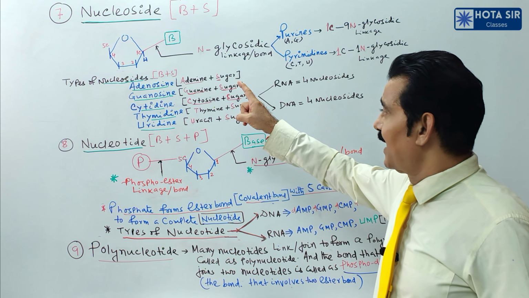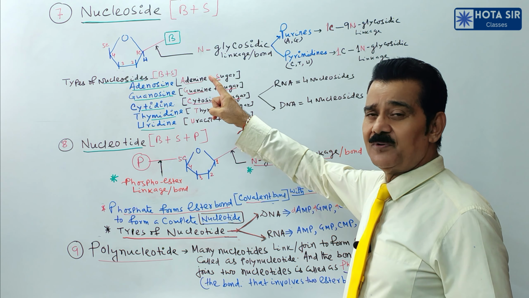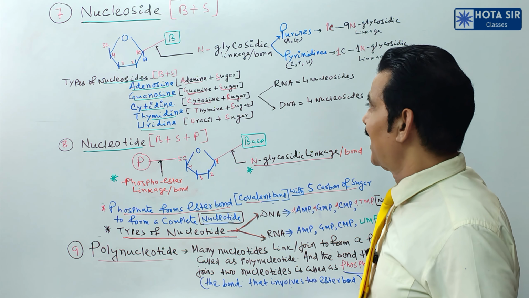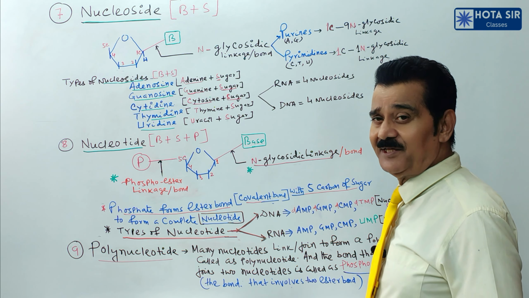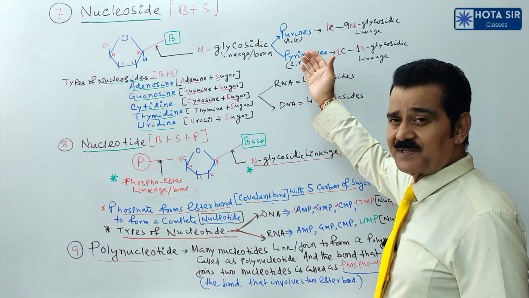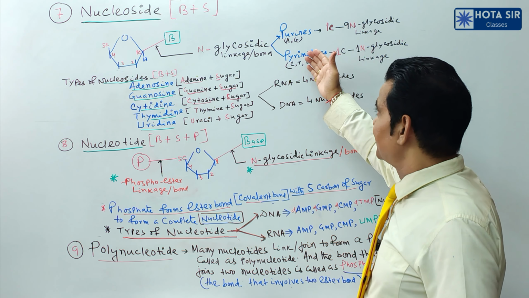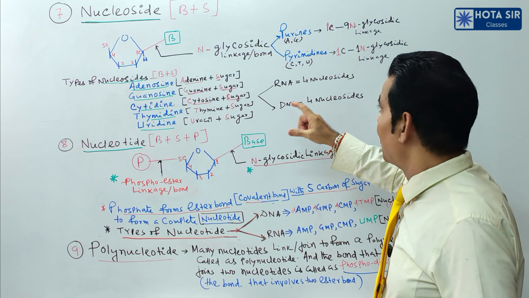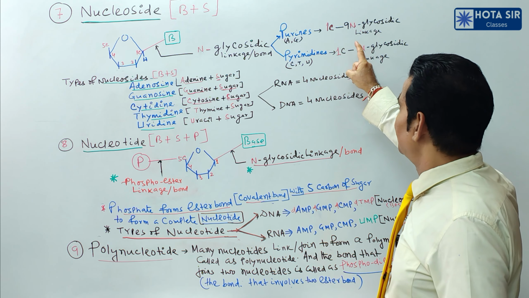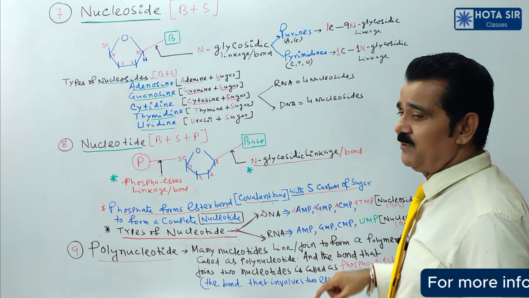Now this nitrogenous base is attached to carbon 1 of your sugar molecule with the help of N-glycosidic linkage. There are 2 groups of nitrogenous bases, purines and pyrimidines. In purine bases, there is adenine and guanine. They form the bond between 1 carbon and the 9 position nitrogen of purine bases.